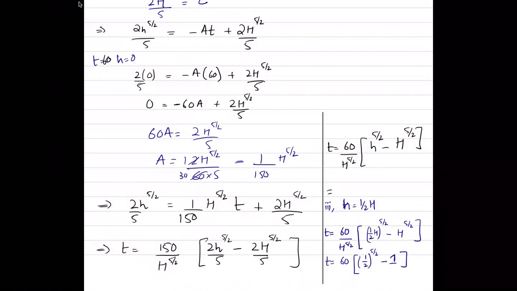So what's the answer? Minus 49.4. The answer should be 49.4, not minus 49.4, because we are dealing with time. Just check if you have made some error. A negative answer should not come.